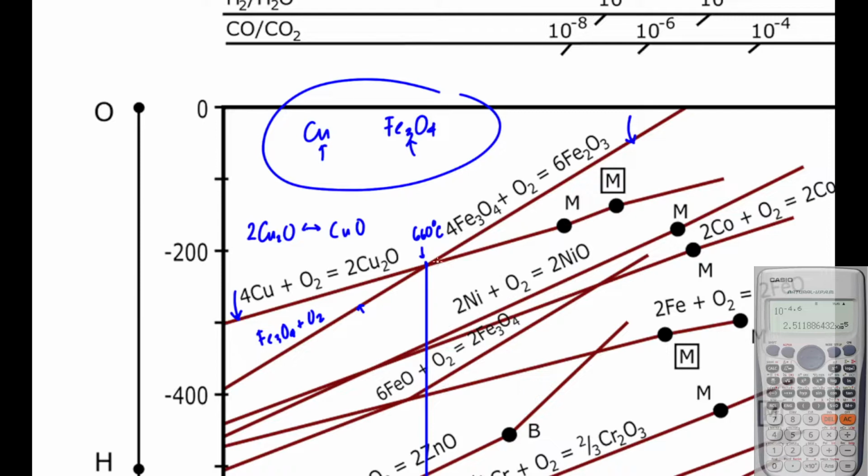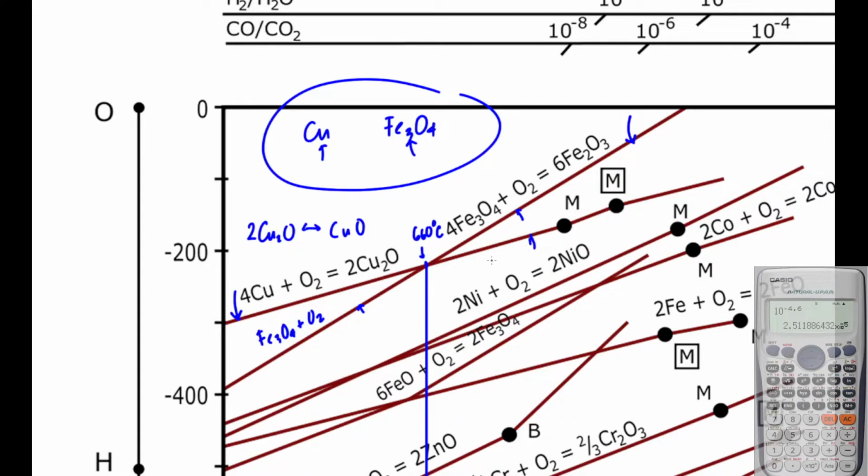Now, when you go past 660 degrees Celsius, notice na iba na yung arrangement nila. This time, on top na si Fe3O4 line, tapos nasa baba naman si copper line.